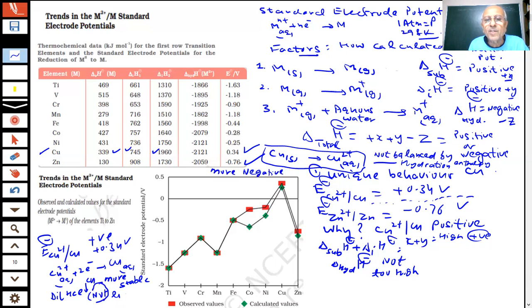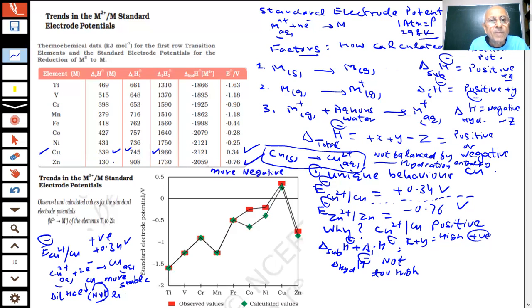So the reason you see, in the case of zinc, is this: the first ionization enthalpy, second ionization enthalpy, and the atomization energy. The atomization energy of zinc is very small, see, 130.